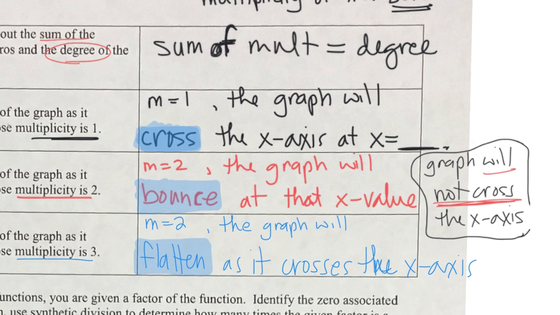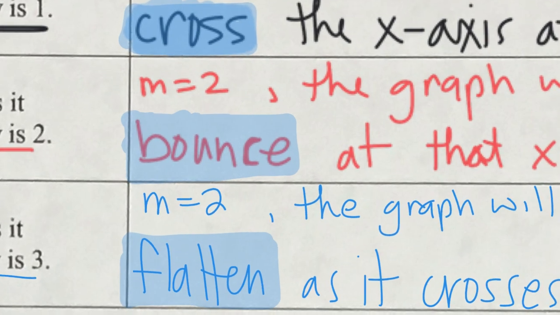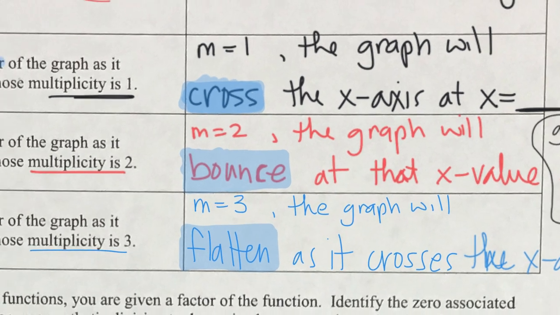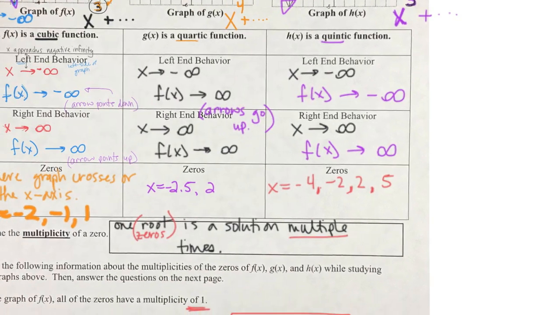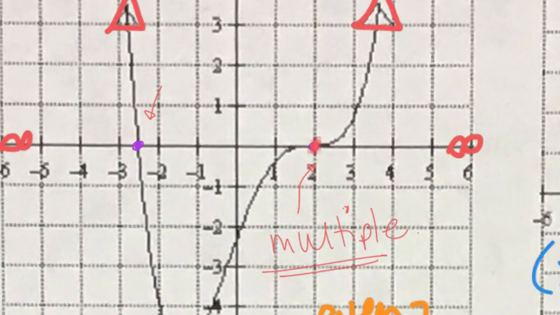So let's come over here. Oh, it does say 2. My bad. This is supposed to say 3. Excellent catch, world. Multiplicity of 3, the graph will flatten as it crosses the x-axis. There's an example here in the middle one. Notice how our line crosses but does not cross very steeply.